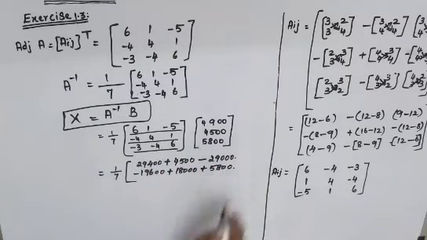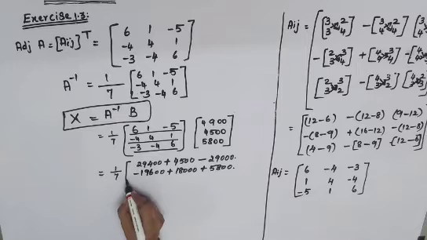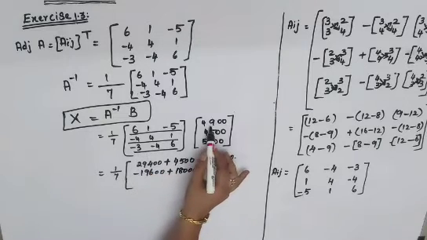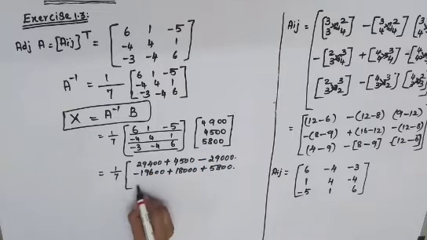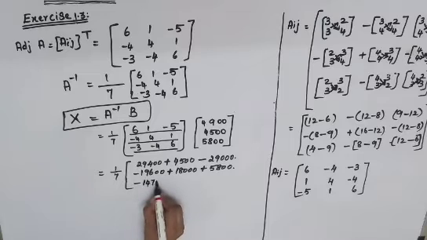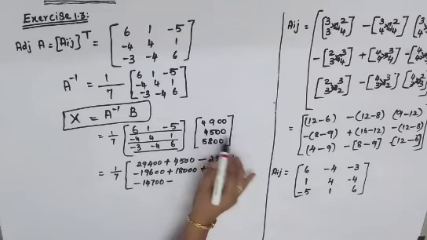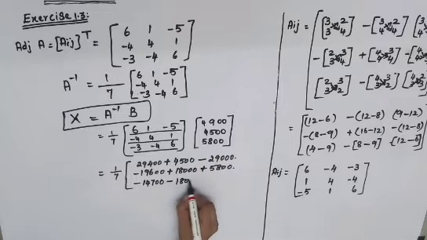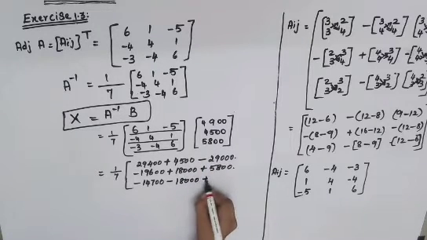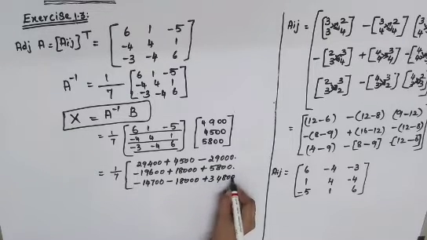Third row, in the same column, minus 3 into 4,900, you will get minus 14,700. Then again minus is there, so minus 4 into 4,500 will get 18,000. Then plus 6 into 5,800 will get 34,800.